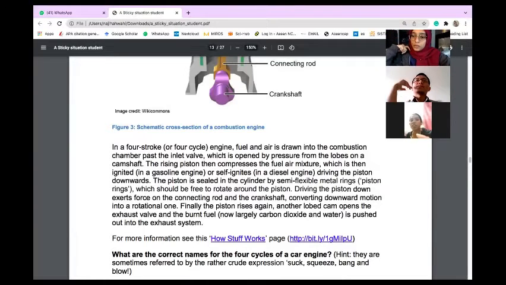So the objective will be the effect of temperature on the oil changes, and then how it affects other properties like its viscosity. Okay, I understand now. So our main objective will be the effect of temperature. Can we focus on the temperature only instead of the whole?